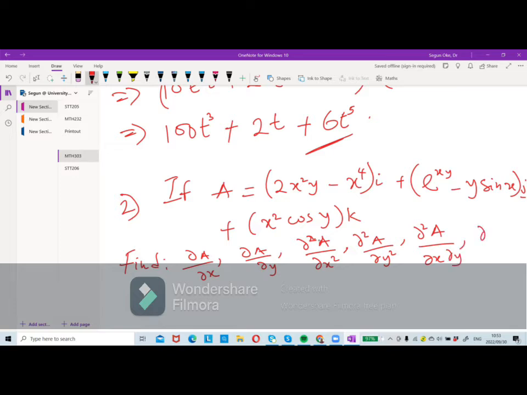Then they ask you to find the second partial with respect to y then x. Okay, let's solve them one by one.